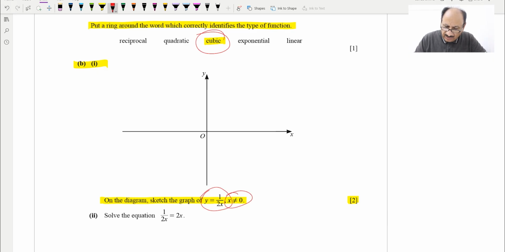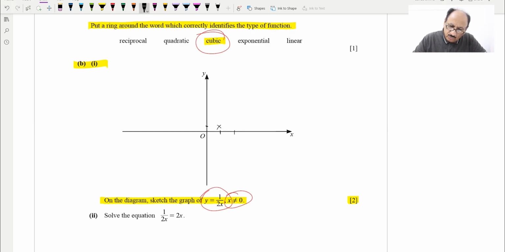That's why they have not taken x is equal to 0. You cannot take x is equal to 0. So for x is equal to 1, the y value will be 1 by 2. So 1 and 1 by 2, if we trace 1 and 1 by 2 it will be this point, and for 2, it will be 1 by 4.